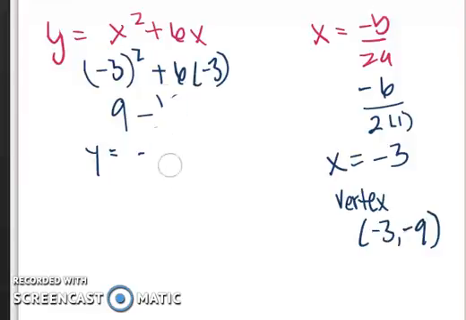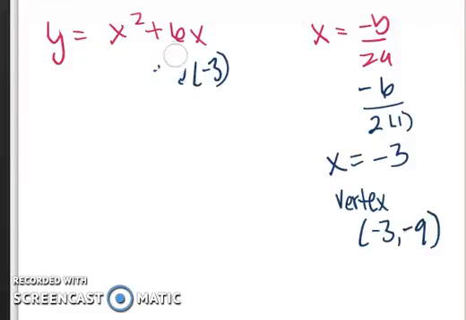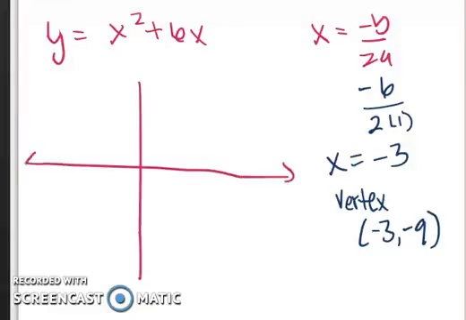Give myself some space to graph. Okay, and let's draw our negative 3. 1, 2, 3. 1, 2, 3, 4, 5, 6, 7, 8, 9. Right there. Let's pick 1 point off to the side.